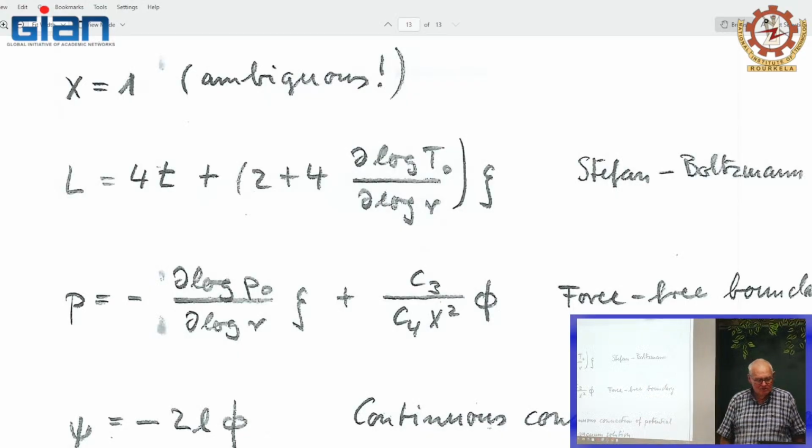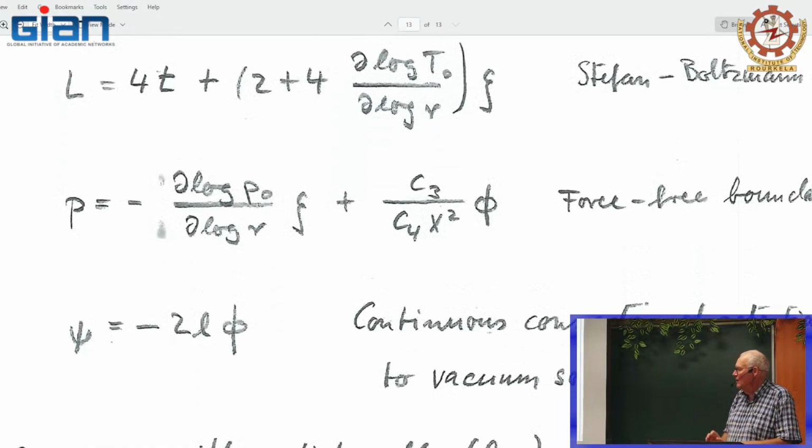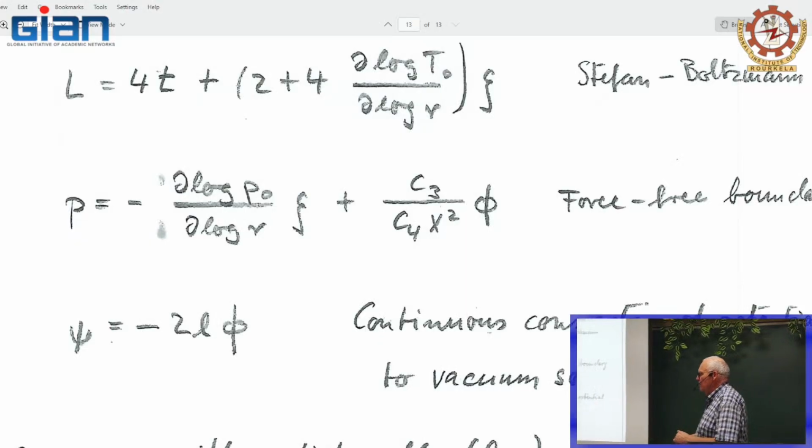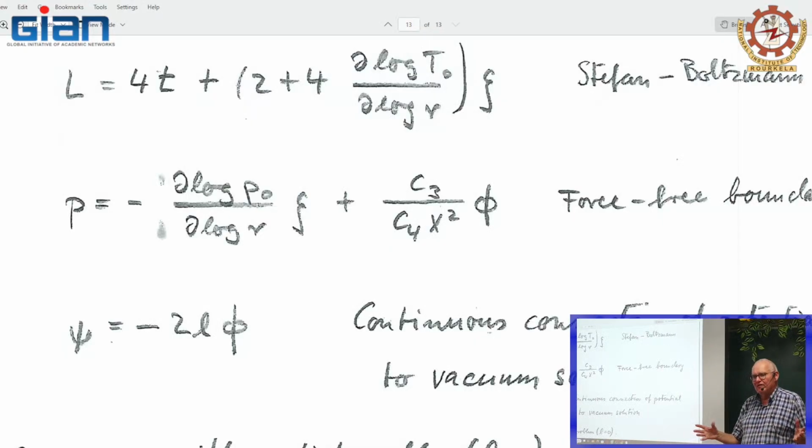And for the potential, we have an additional boundary condition. This condition is derived from the requirement that outside our star we have a vacuum solution for the gravitational potential. Outside our star, we assume there is vacuum. So the solution is Poisson's equation in the form that the Laplace operator acting on the potential is 0 there.